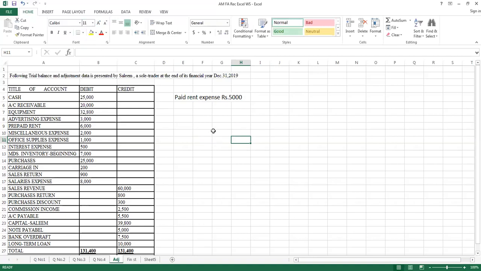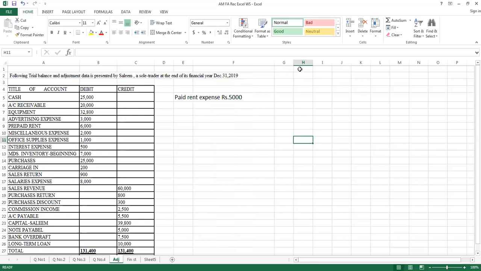You can easily pass this entry. Quite simple. Paid rent expense rupees 5,000. So think what entry is possible. I think you can pass the entry.